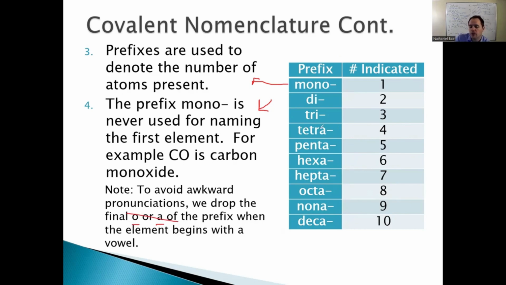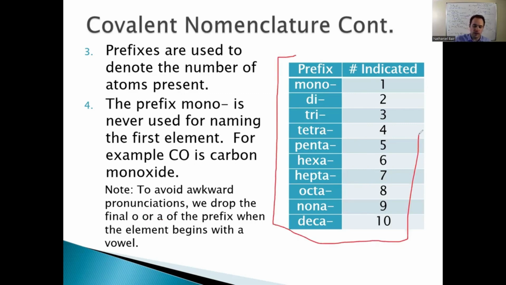So if it was going to be tetraoxide, we drop the A and it'd be tetroxide. A lot of people do that automatically. If you don't have that memorized, jot that down or take a picture of that. Get that memorized.